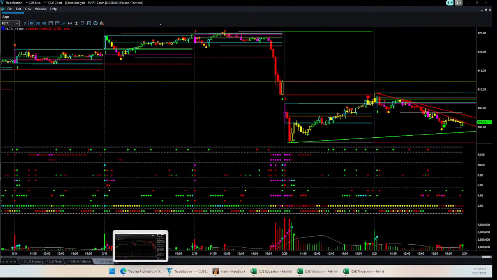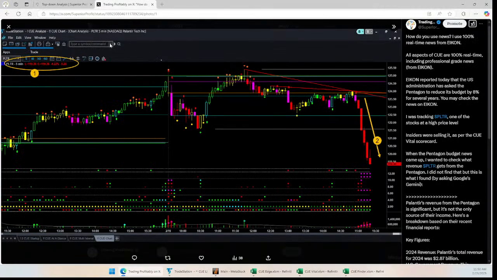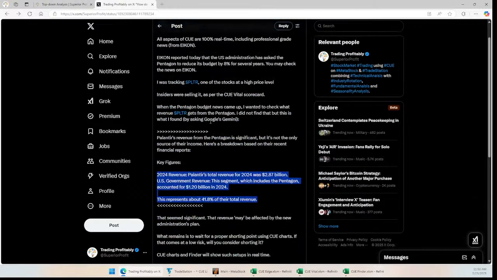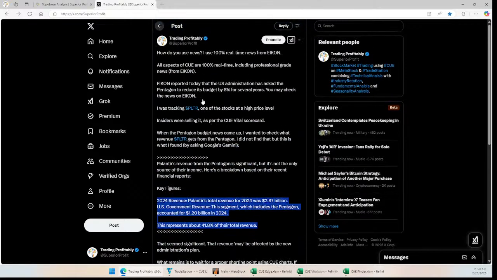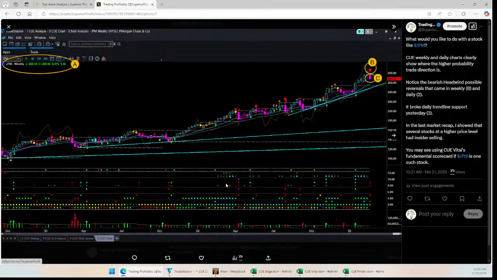And the last stock that I traded using the insider selling flag was JPM. This is also a stock about which I tweeted. JP Morgan, as of Thursday.